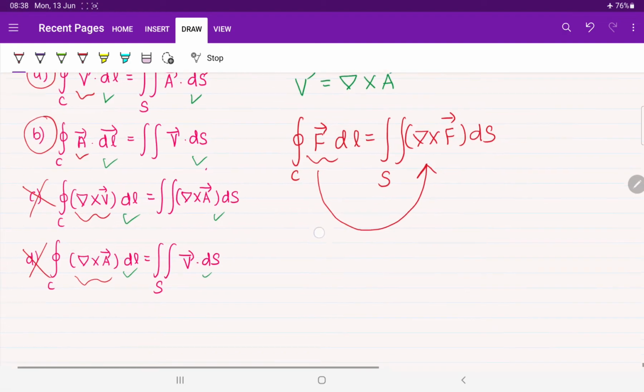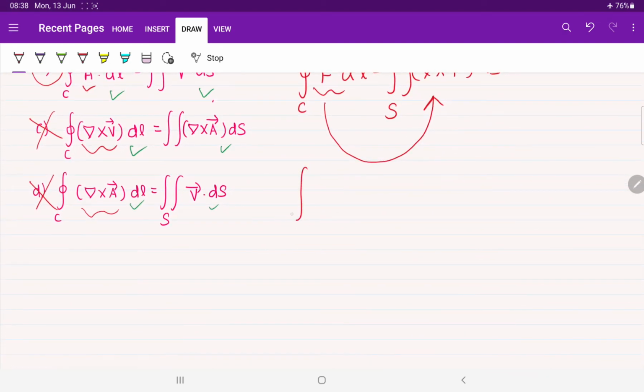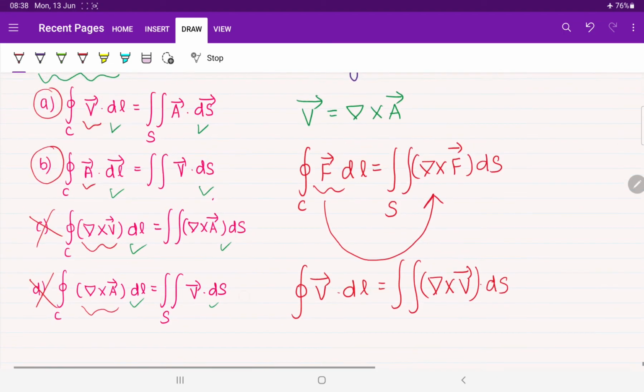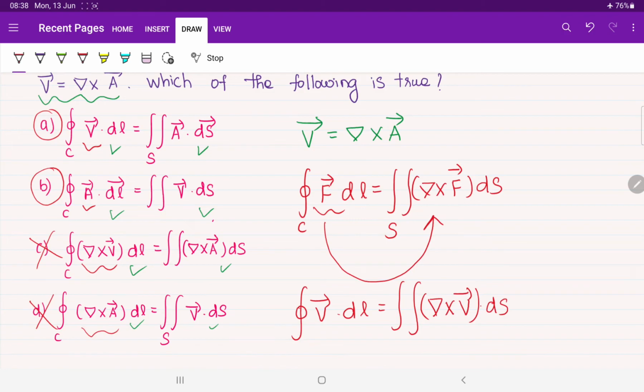Now suppose we go with option A. In option A, it is V vector into line integral dl. How will you convert it into a surface integral? It can be converted into the form of del cross V vector into dS. Shall I write like this? Yes. Now, can I replace del cross V vector by A vector?